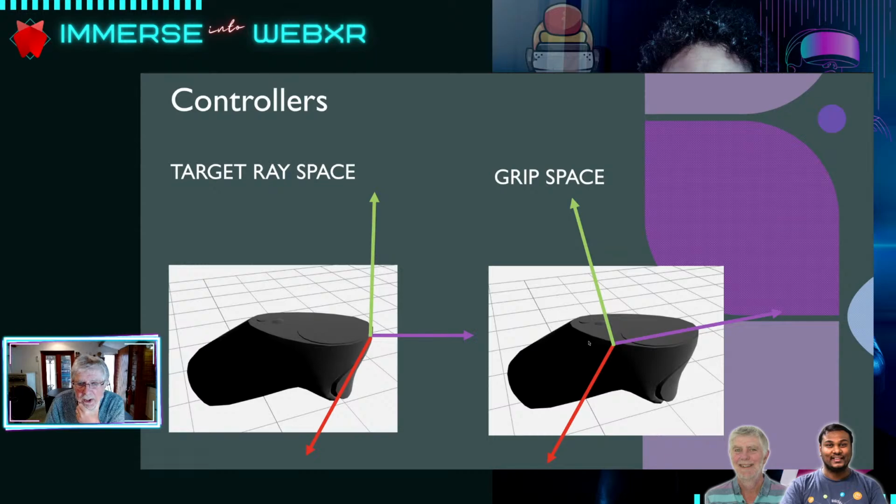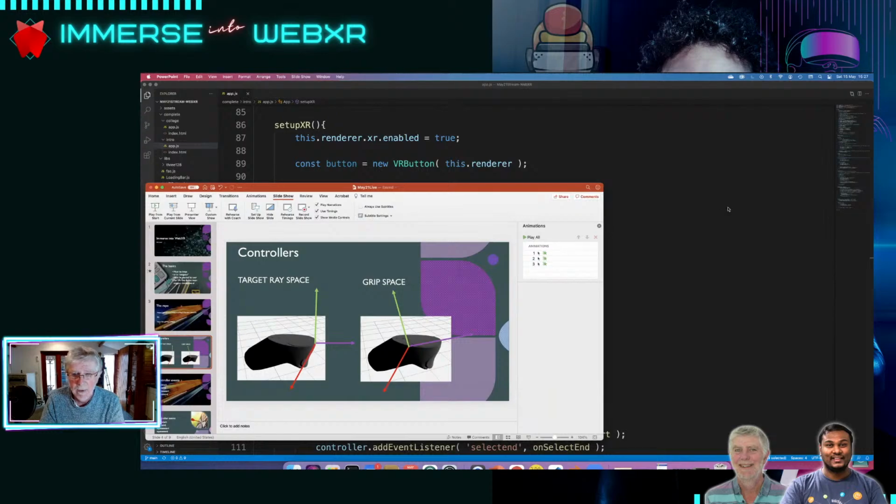And we've got the grip space, which tends to have the model centered, so the origin of it is at the middle of the model, and it aligns differently to the target ray space. But that shows the actual controller model itself. So it's split into the controller target ray space and the grip space. Okay, bear that in mind.